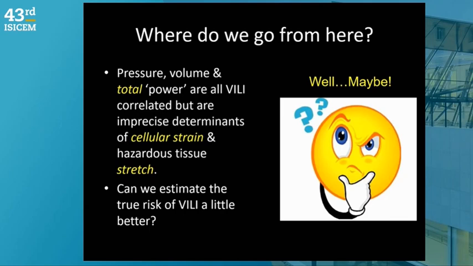Until you know the size of the baby lung that you're putting that power into, you don't know the specific power and the stress and strain that's going into the tissue. Unlike pressure, which we can measure, the baby lung concentrates power. And to know that concentration, we must know the FRC of the baby lung, which we don't know and we don't measure at the bedside. That should cause us a little bit of concern.